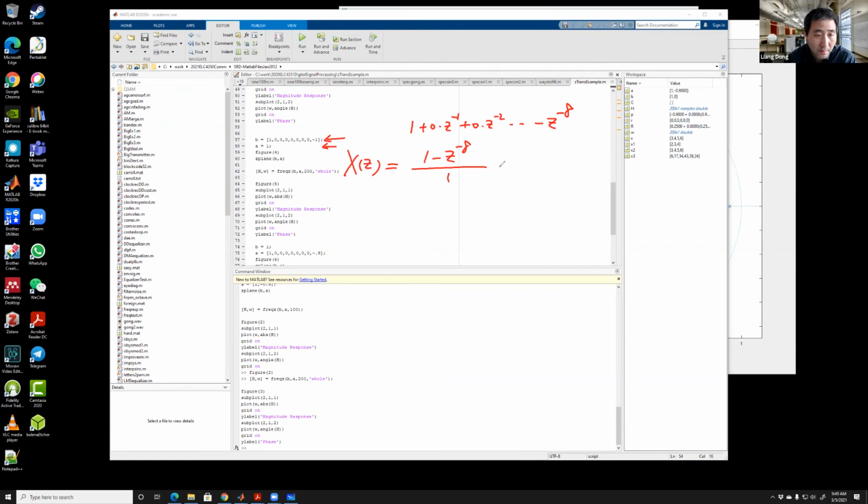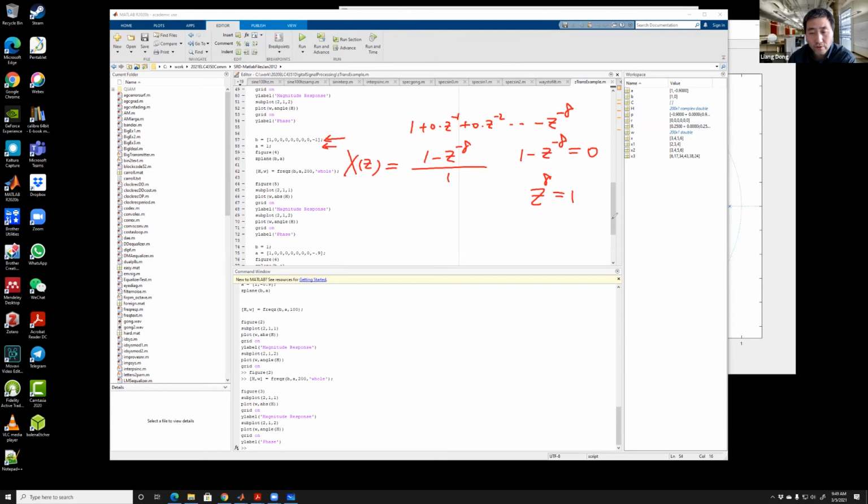We plot the z plane with these coefficients b and a. We don't have any poles, but it implies those poles are at the origin. It's going to show you, but we don't really count those. Where are the zeros? Well, the zeros need to make sure that the numerator, 1 subtract z to the power negative 8, equals 0. So z to the power 8 equals 1.